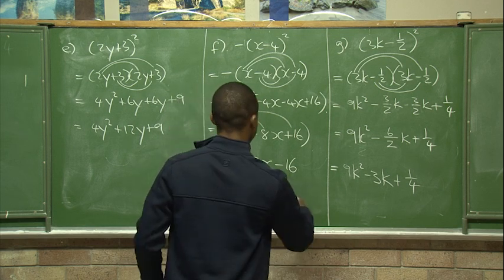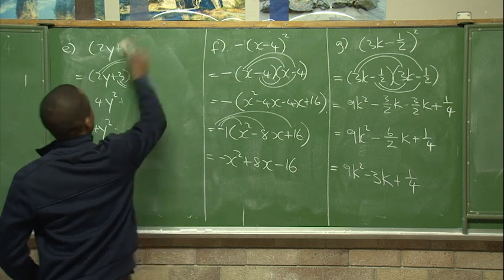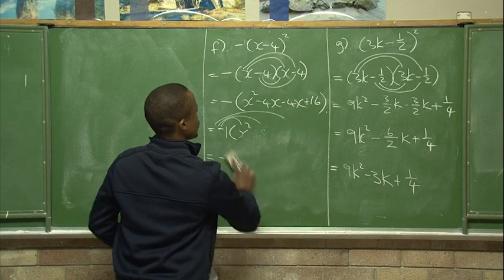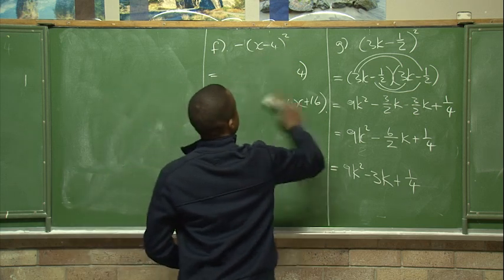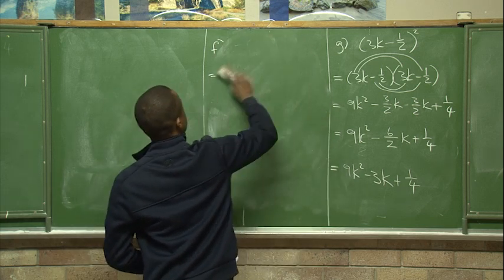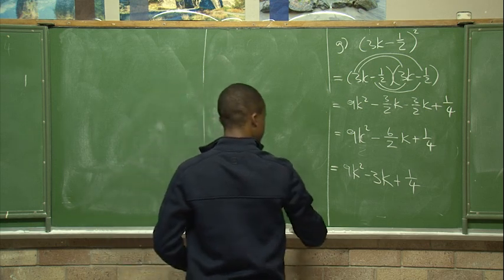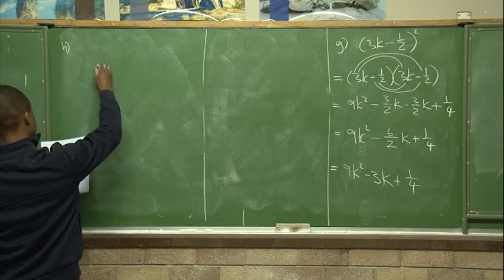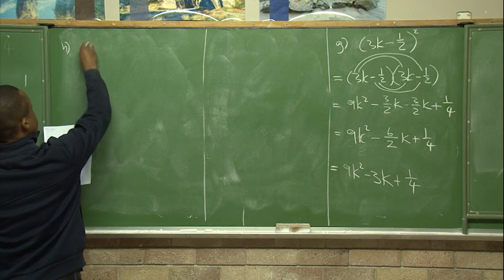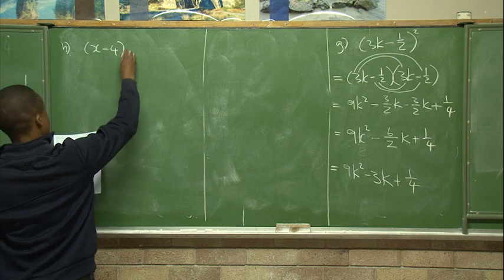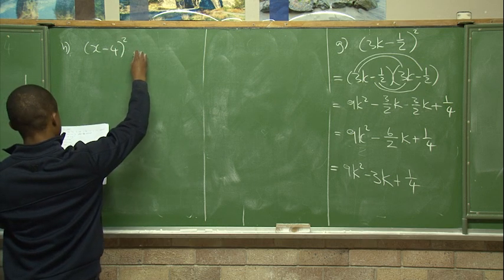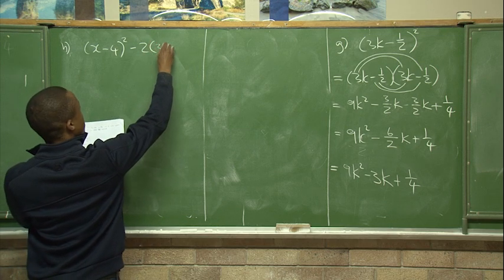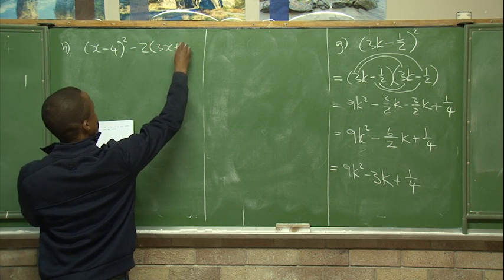And one last question, which deals with the product of a binomial by a binomial. Here we have (x minus 4) all squared minus 2 into (3x plus 6).